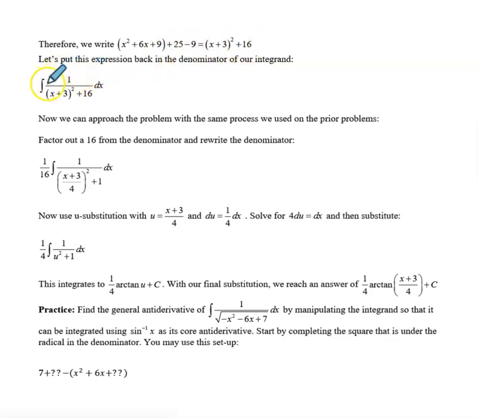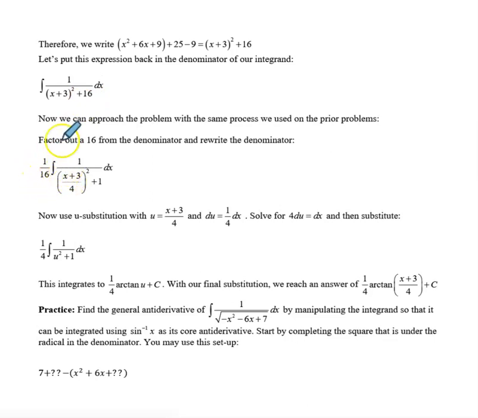So we put this back into our integral, and the integrand is now 1 divided by x plus 3 all squared plus 16. Now we can take the same approach we took when we just had an x squared instead of an x plus 3 squared. We're going to factor out a 16 in front of our integral sign, of course keeping that 16 in the denominator.